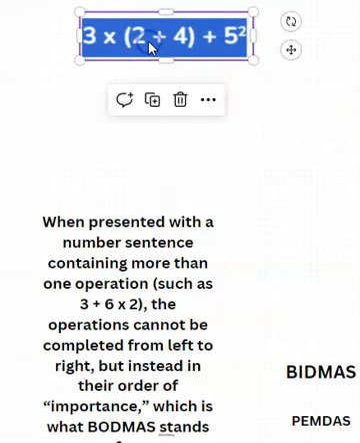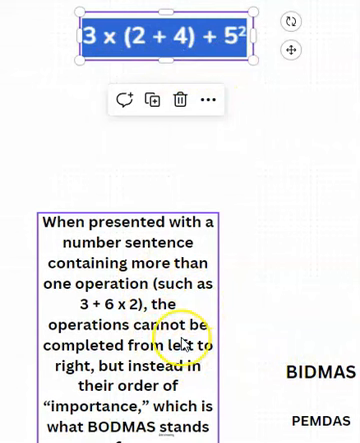Have a look here. But before we solve that problem, we have the first rule we have to take into consideration. The first rule says, when presented with a number sentence containing more than one operation, such as the one we can see here, 3 plus 6, you can see that we have more than one operation here. The operations cannot be completed from left to right, but instead in their order of importance.